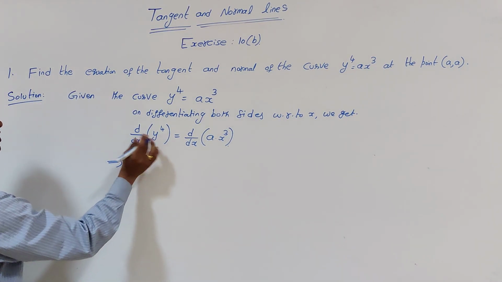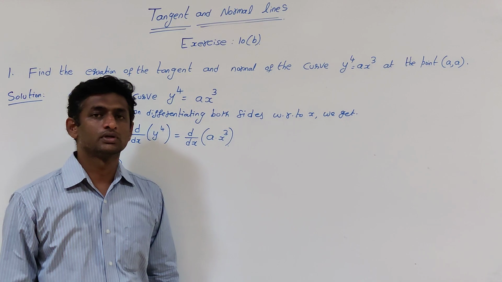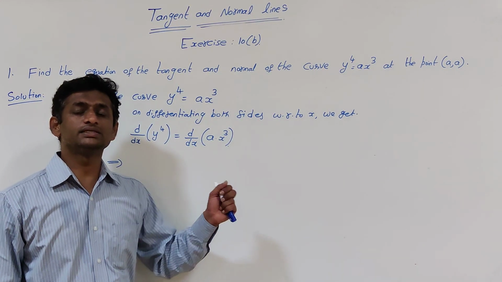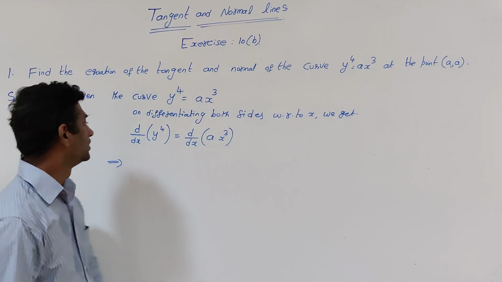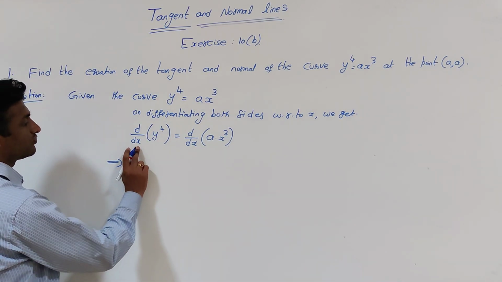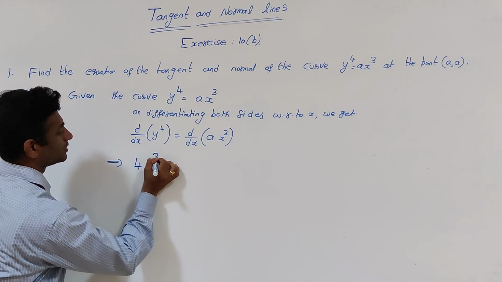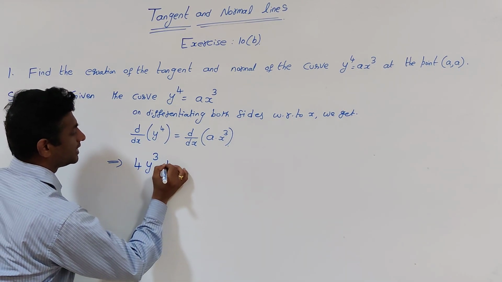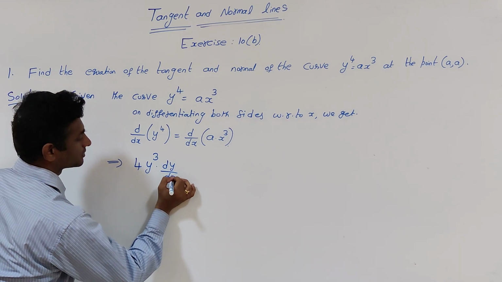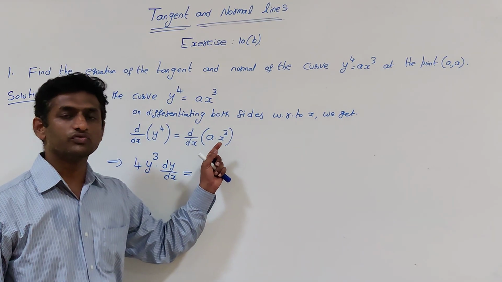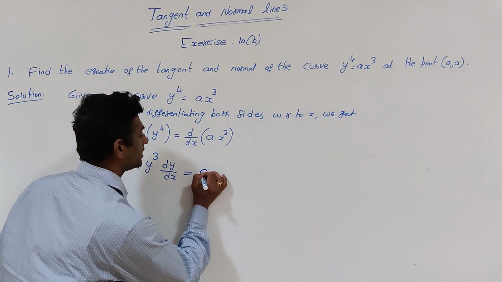So what is the derivative of y to the power 4? Where y is the dependent variable and x is the independent variable. The derivative of y to the power 4 with respect to x is 4y cube into dy by dx, is equal to the derivative of a into x cube, where a is constant, so we can take a out.